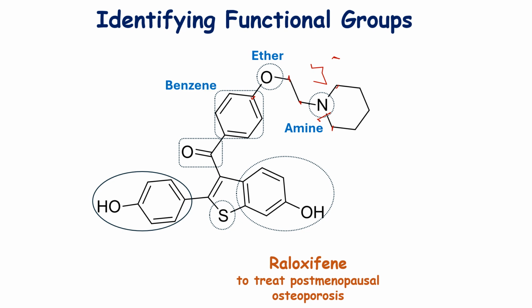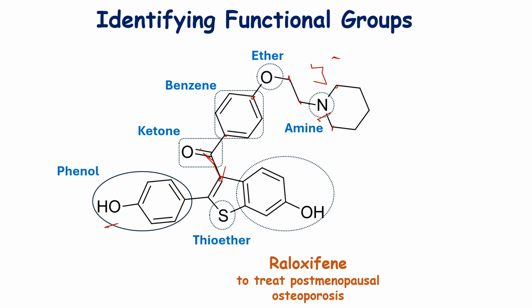We have a 6-membered carbon ring with alternate sigma and pi bonds, so we have benzene. Next we have a carbonyl group, but this carbonyl group is attached with carbon on both the sides, so this is your ketone. We have an OH group. OH group is directly attached to the benzene ring, so this one is your phenol.